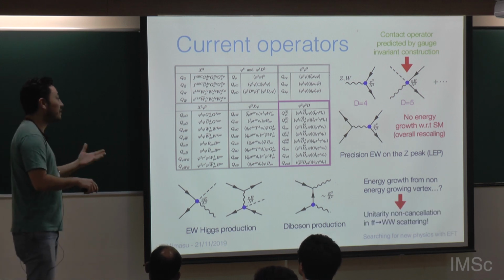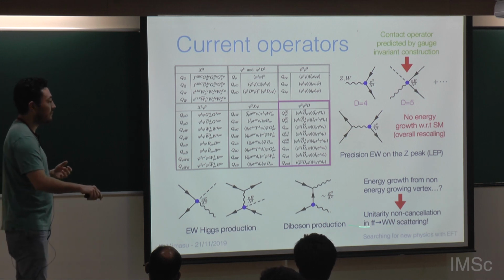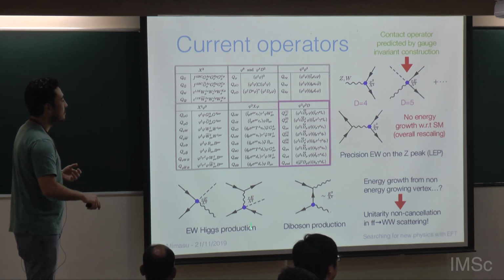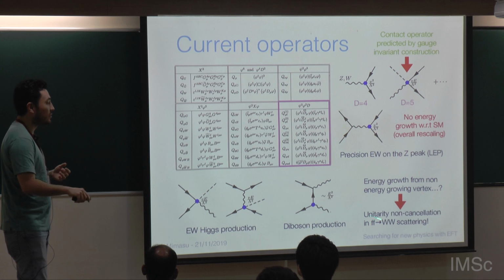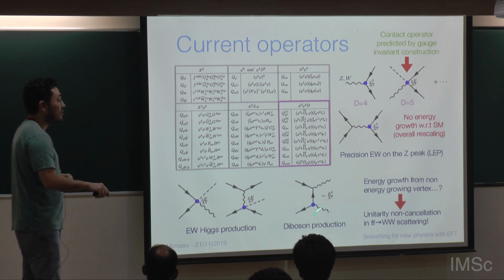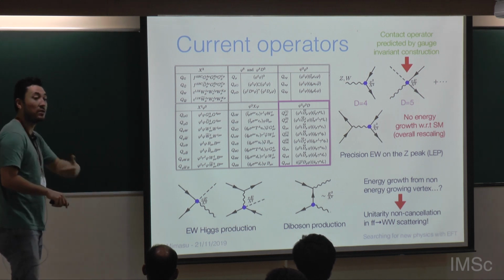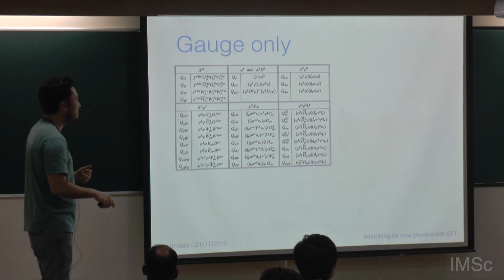And so this is exactly an example of this unitarity non-cancellation behavior in this FFVV scattering. So the fact that you've now broken the delicate balance between the couplings of the fermions and the self-interactions of the gauge bosons, because there's also an S-channel triple gauge contribution to this scattering, this actually turns out to break unitarity and lead to energy growth that you can measure at colliders.